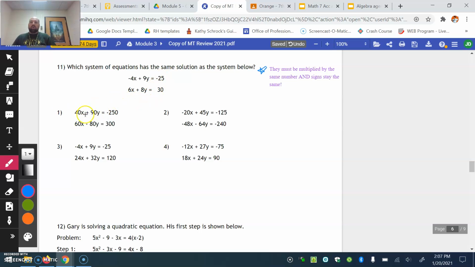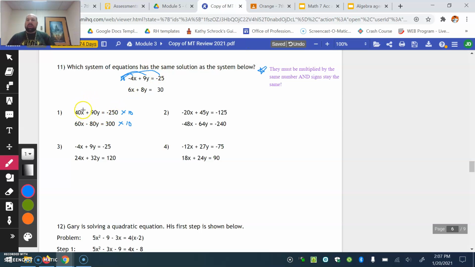So when I look at number one, it's pretty clear that this top equation is being multiplied by 10. And then when I look closely, it looks like the bottom equation is being multiplied by 10. So let's see what happens if I distribute 10 to every term in that first equation.